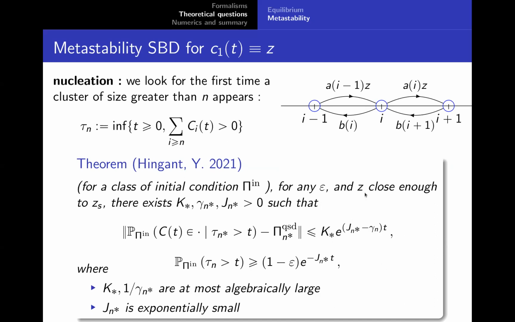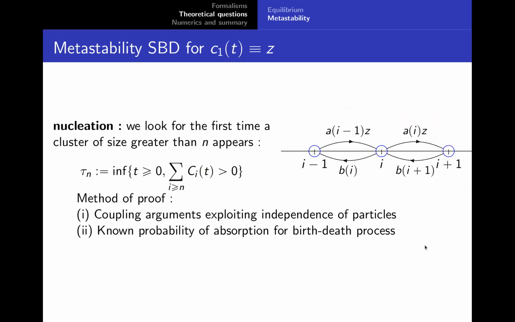So everything is explicit in this formula. It's a complicated formula, but everything is explicit. And it will quantify the two time scales, going through the quasi-stationary distribution state, the metastability, or going through the true equilibrium. We would like to have a similar result in the full original model, but we are not yet there.